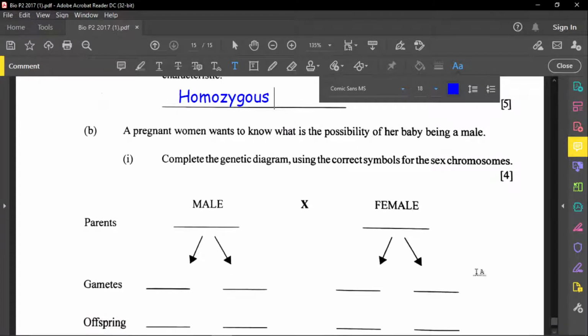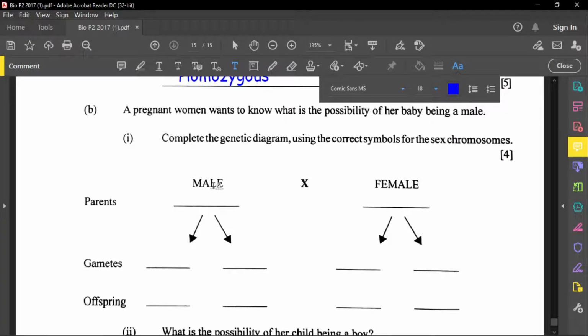But let's do this. We have the parents, the gametes, and the offspring, and the male and the female. I'm going to keep all the things for the males on this side and all the things for the females on this side.